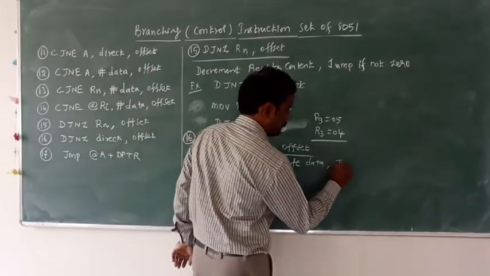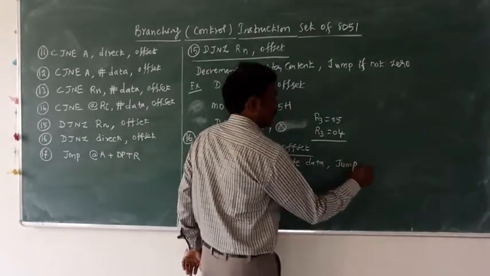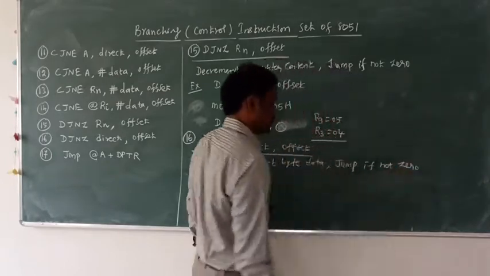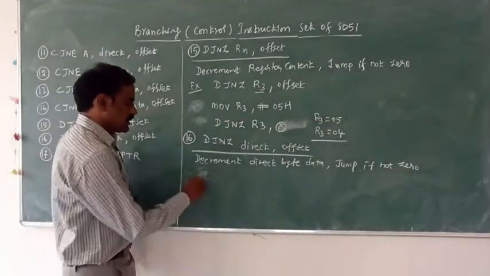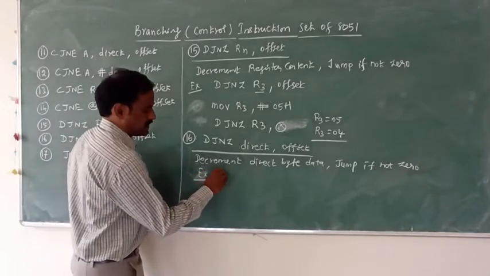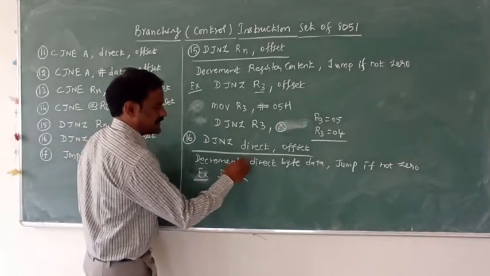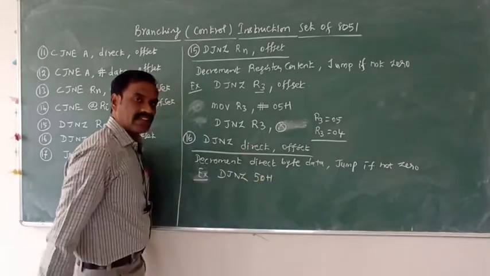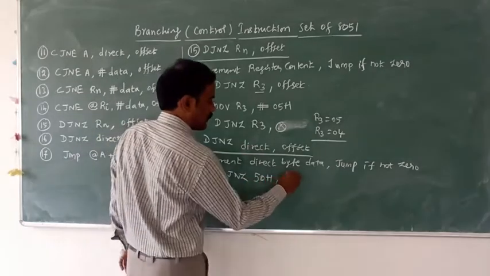Jump if not 0. Example, DJNZ, your direct address, suppose 50H, offset.